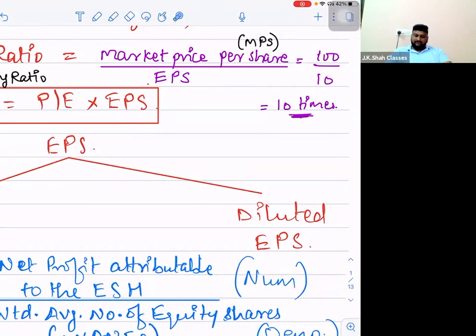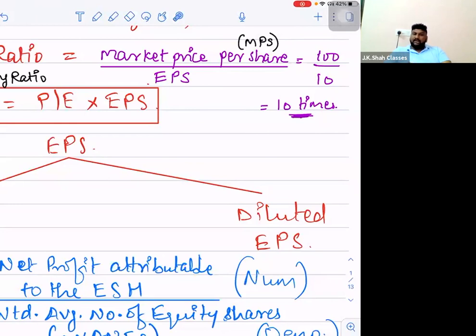One more point to remember: a company with a very high PE ratio will have a very high market price. I'm not going into detail because you're going to learn this in the financial management ratio analysis topic. My point here is just to make you understand why EPS is important. I'm not discussing financial ratios here. My simple point is EPS is the base for working out the market price of a company, so EPS has to be correctly calculated.